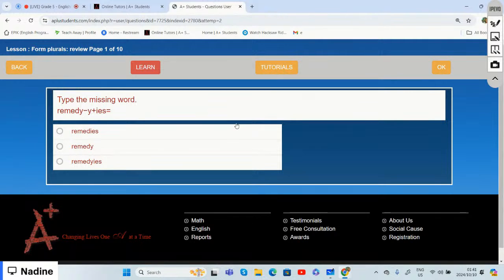All right. So now number one says remedy. We minus the y, we add ies. So one remedy, but more than one. Is it option two, remedies? Option one remedies, option two remedy.